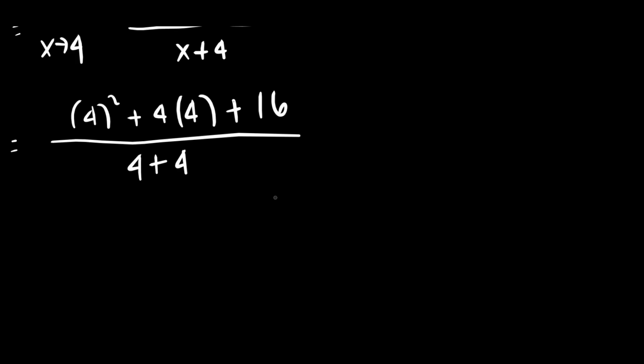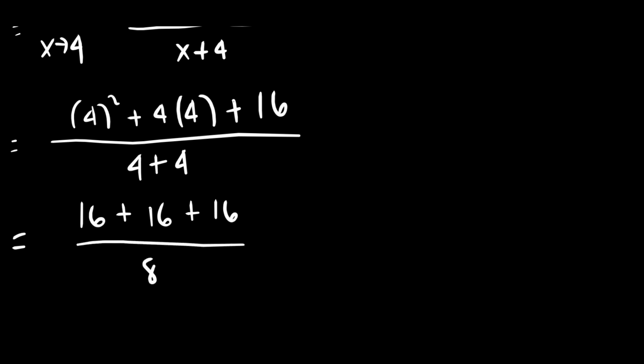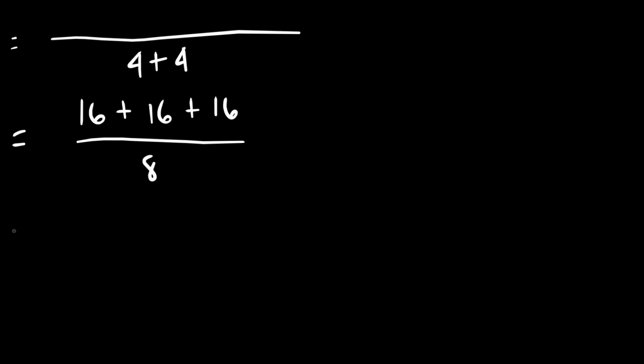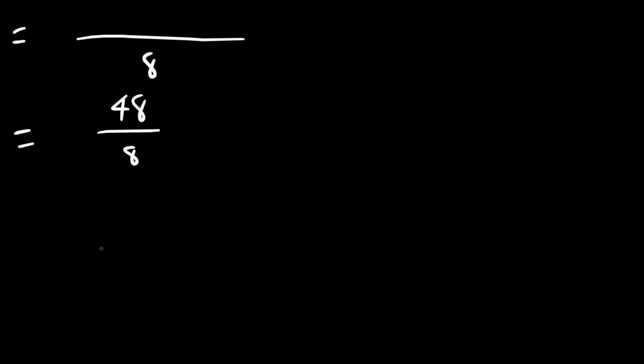We will further simplify. 4 squared is 16, plus 4 times 4 is 16, plus 16, all over 4 plus 4, which is 8. So 16 plus 16 plus 16 is 48, since 16 times 3 is 48. 48 divided by 8 is 6.